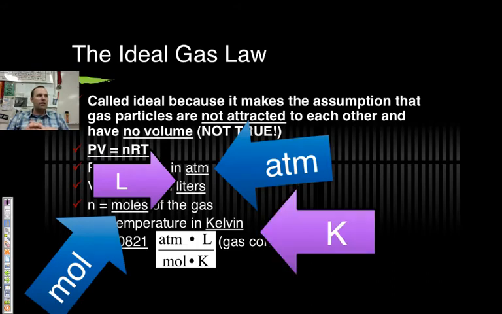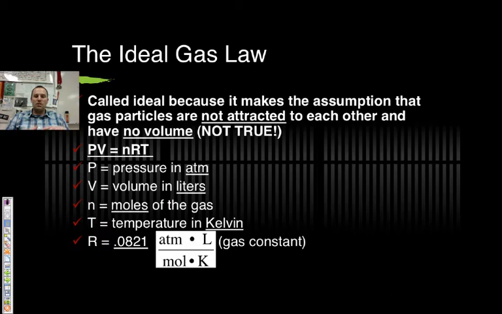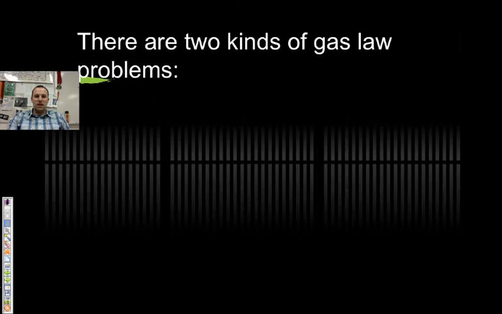Because that will help you to remember this unit, and it will also help you to remember what units the different variables have to be in. And R is 0.0821.